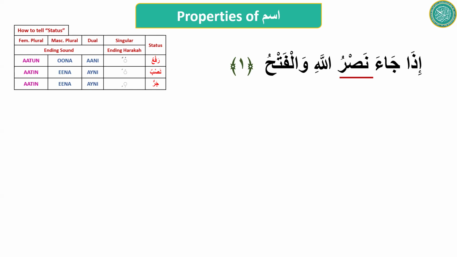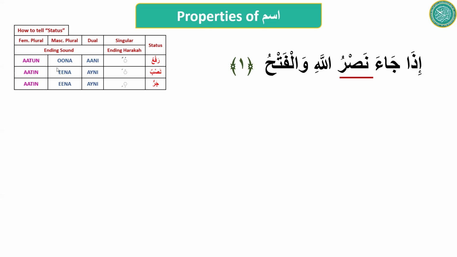Nasr means help. Nasru. So may I ask, Brother Nemat, what do you think is the status of the word Nasru? Rafa, Nasab, or Jar? Brother Nemat or Sister Nemat, I'm not sure. Rafa. Why Rafa?